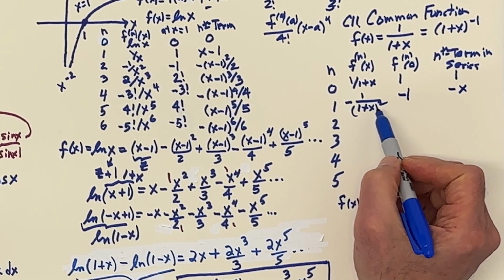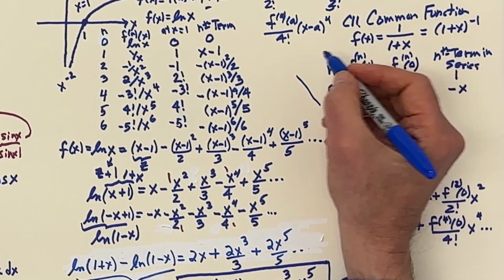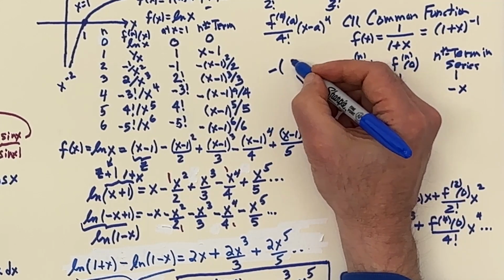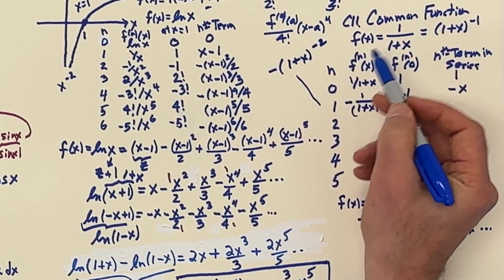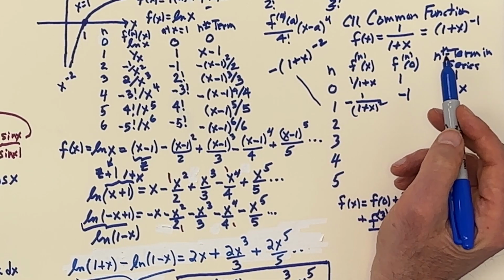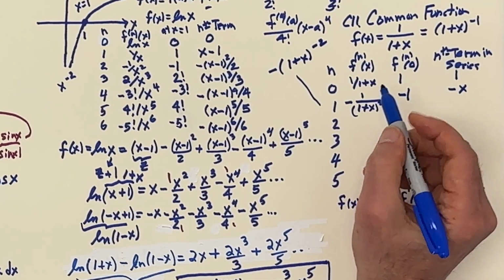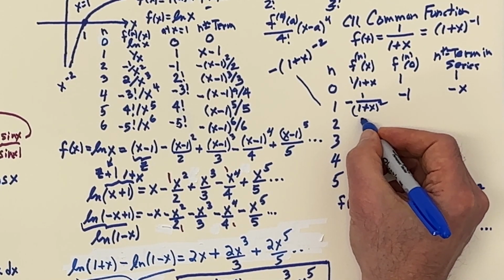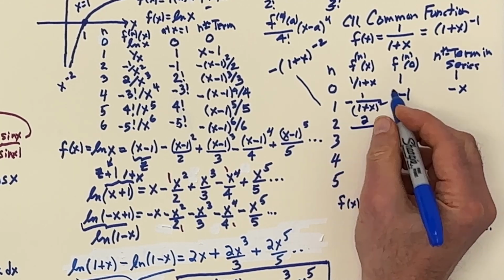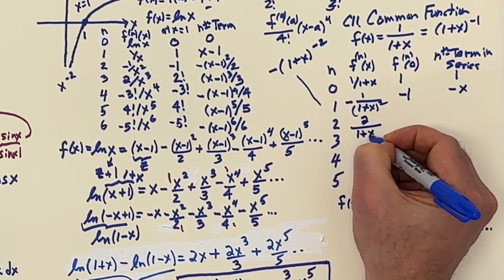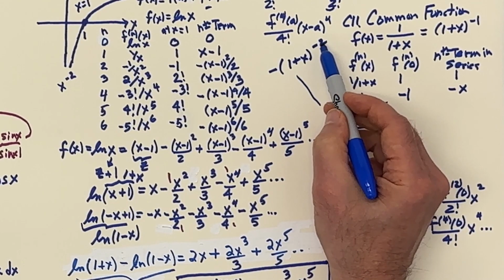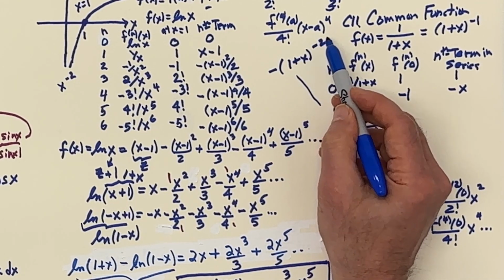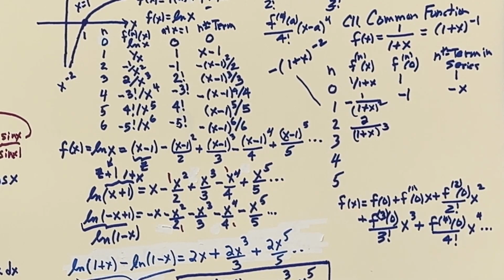Well, if I want to take the derivative here, I'm looking at a minus 1 plus x to the minus 2. So the minus 2 comes down, kills that minus sign. So we'll have a 2 over 1 plus x in the denominator cubed. Because you bring the minus 2 down and then you subtract 1 there using our rule.